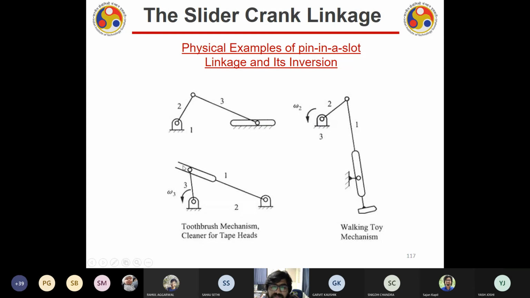All the pin in a slot mechanisms are some very interesting mechanisms. They are very similar to the slider crank, but the difference is there are 2 degrees of freedom. For example, you see this toothbrush mechanism and walking toy mechanism. These mechanisms are really popular, but work on a very similar principle to our slider crank mechanism. But instead of a prismatic joint, they have a pin in a slot arrangement.